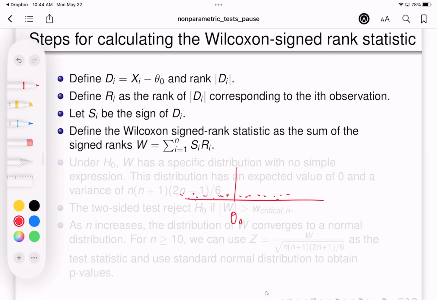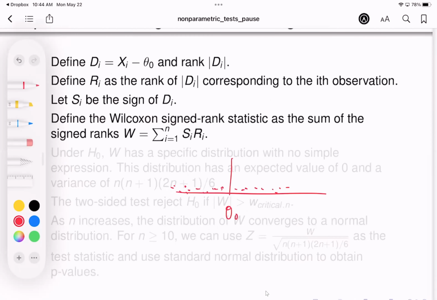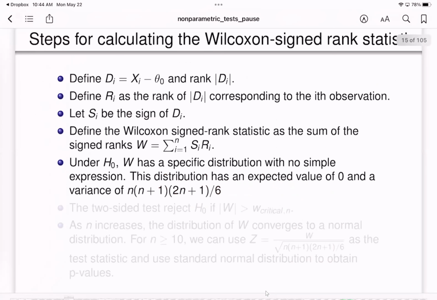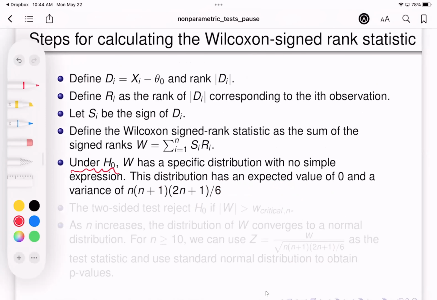Therefore, you can expect about half of the points on the left-hand side and about half on the right-hand side. So the signed rank of all those on the left side versus all those on the right-hand side would be roughly equal. For that reason, this sum of the signed ranks will be centered at 0. So that's under the null hypothesis: this W would be centered at 0, with an expected value of 0.